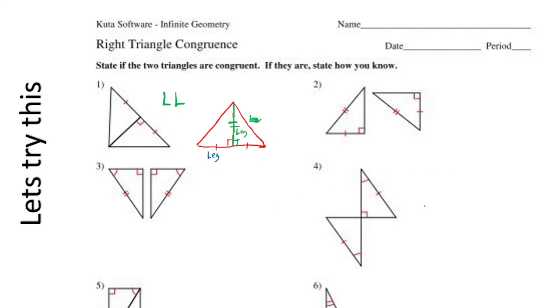Irene? Okay, very good. Hypotenuse, leg. Bakit po hypotenuse? Ayan po, opposite sila. So we have hypotenuse, congruent part, and we have a leg, congruent part dito. Okay, so hypotenuse, leg. What about number 3?